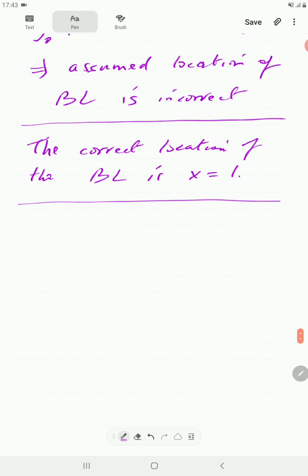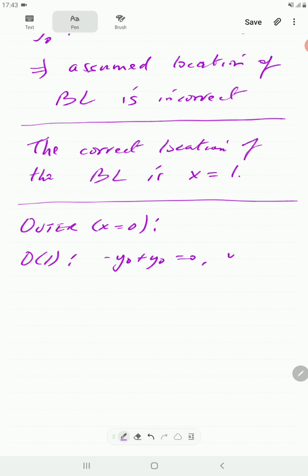So what this means is that if we go back, our outer region is going to be in the neighborhood of x equal to 0. So at order 1, we're going to have that minus y naught prime plus y naught equals 0. And then this must satisfy the condition around x equal to 0. So y naught is actually going to be given by e to the power x.